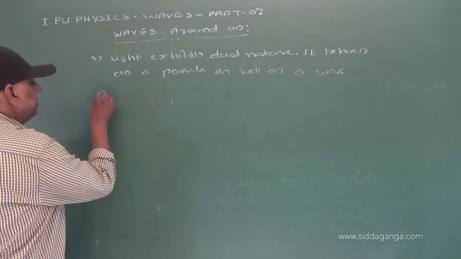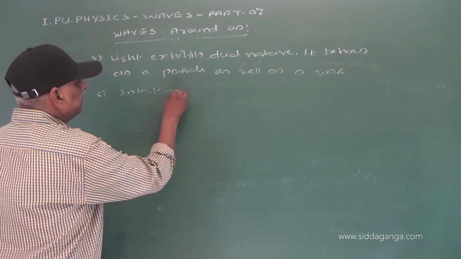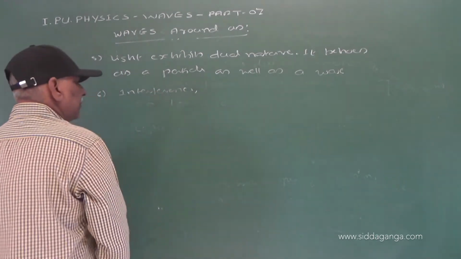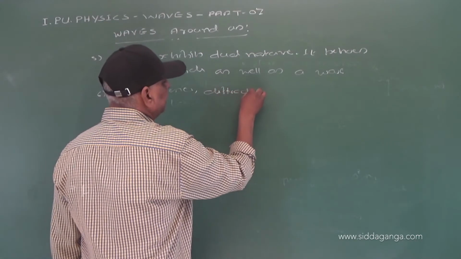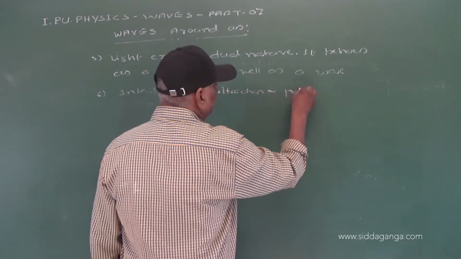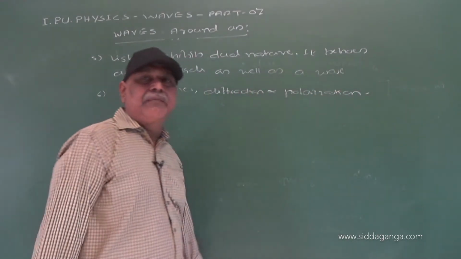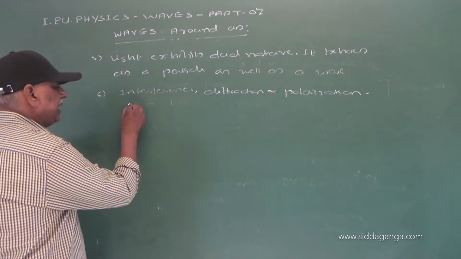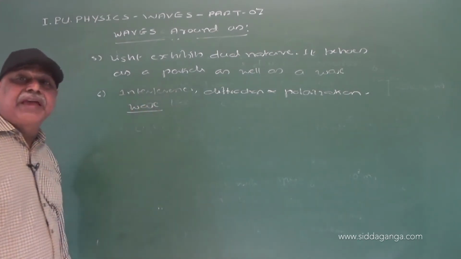Phenomena like interference, diffraction and polarization exhibited by light can only be explained by considering light as a wave.